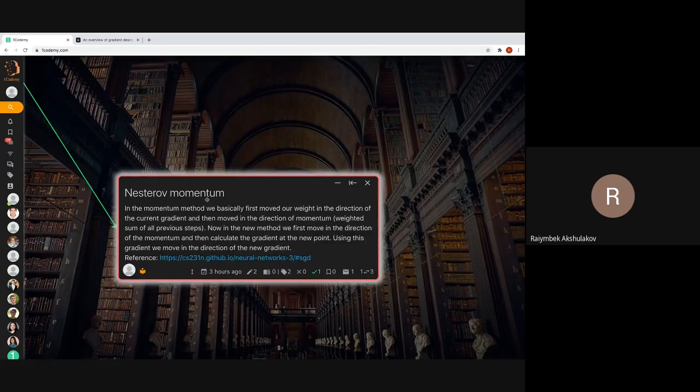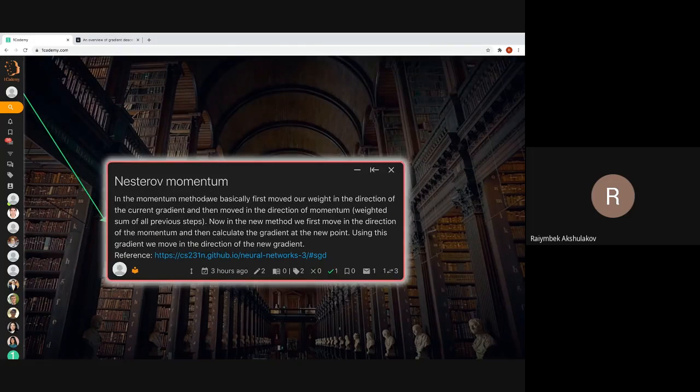In the momentum algorithm, we keep the momentum, which is a weighted average of the previous gradients. We go in the direction of momentum, and then we go in the direction of the current gradient. Nesterov momentum is similar, but in a way, first we go in the direction of momentum, we recalculate the gradient at the new point, and we move into the new gradient.